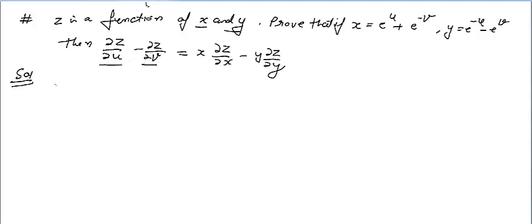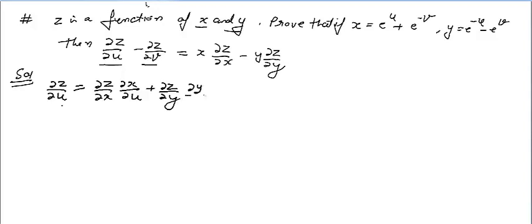So first, curl z by curl u will be, because z is a function of x and y, curl z by curl x and curl x by curl u, because you are finding with respect to u, plus curl z by curl y and curl y by curl u. Call this equation number 1.